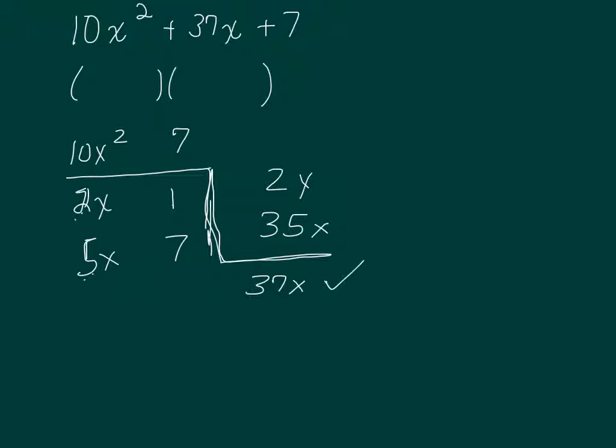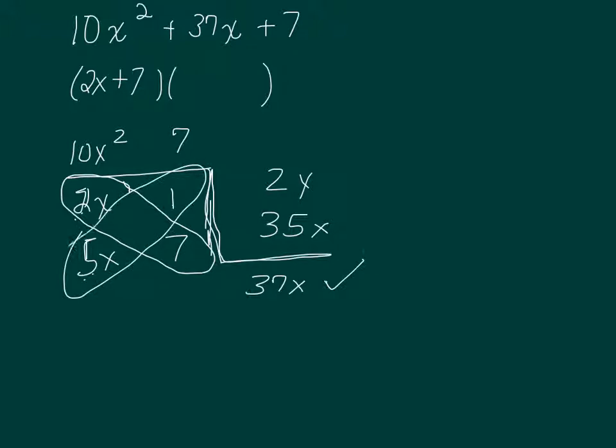That's what we want. So our diagonals form the binomials: 2x and a positive 7, and 5x and a positive 1. And it doesn't matter which you write first. You could write 5x plus 1 first and 2x plus 7 second. It doesn't matter. But there you go.